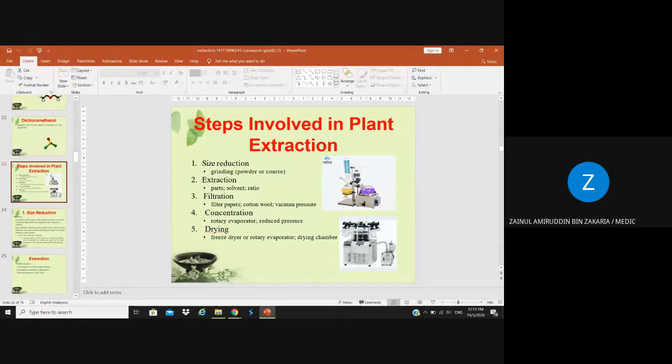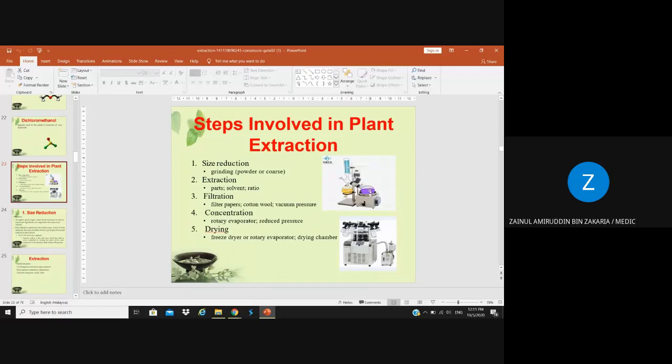The vapor will go up and go inside here. This blue color is cool water. Inside the coil there is cool water. So this cool water will make the vapor turn to liquid again. The liquid will fall and be collected into this yellow color part.